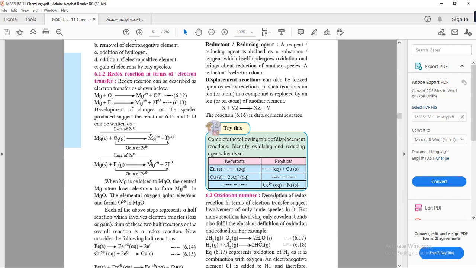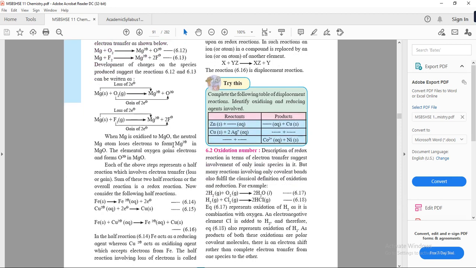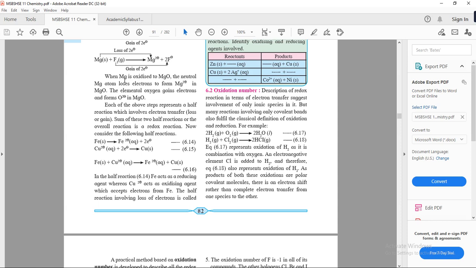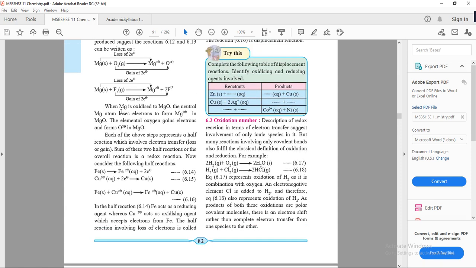Therefore, O2 minus is coming on oxygen. So there is a development of charges in the reaction. Now Mg is oxidized and oxygen is reduced here, accepting the electron. So it is called oxidation half reaction and reduction half reaction.